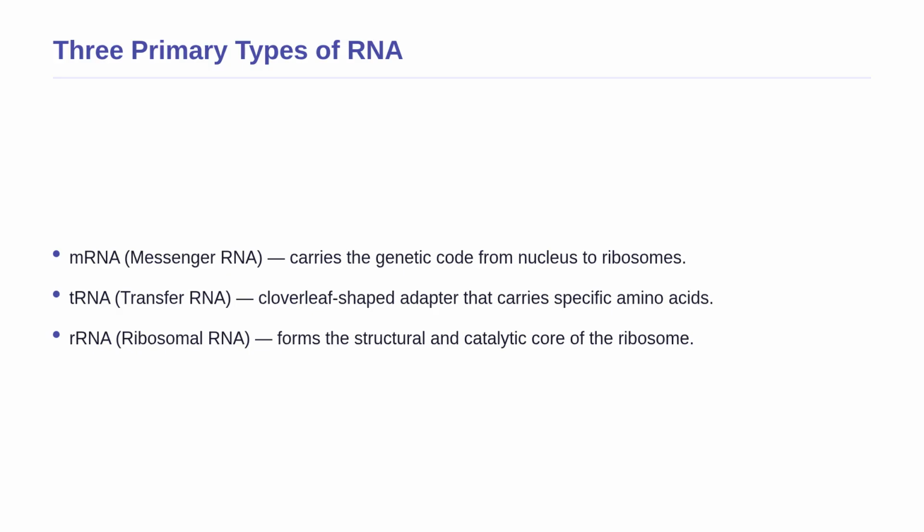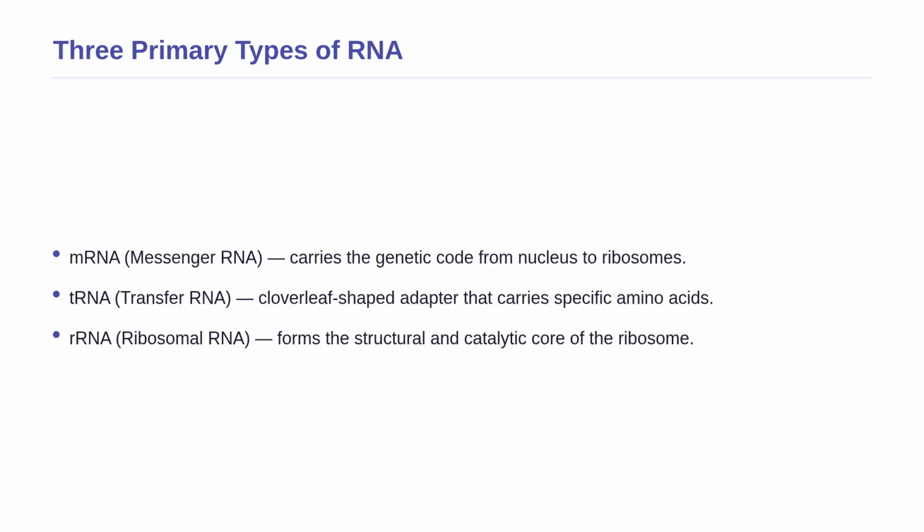To build a protein, the cell relies on three primary types of RNA, each with a distinct role. First, messenger RNA, or mRNA, acts as the expendable middleman, carrying the genetic code from the nucleus to the cytoplasm. Next, transfer RNA, or tRNA, acts as an adapter.